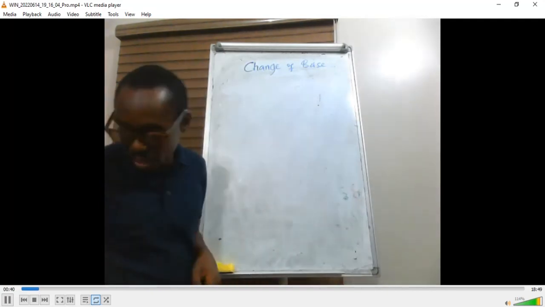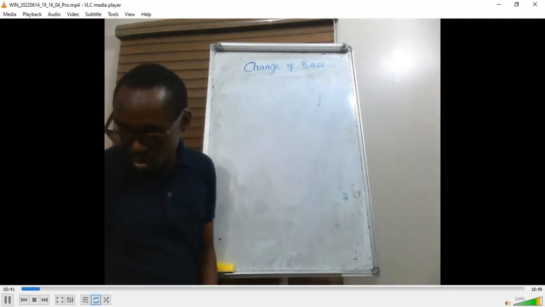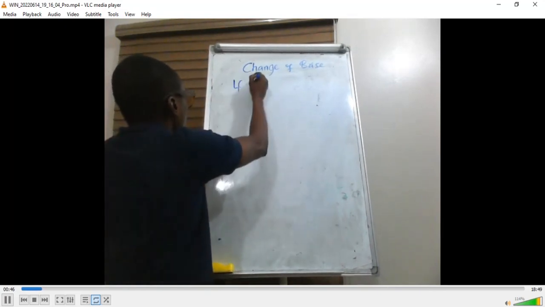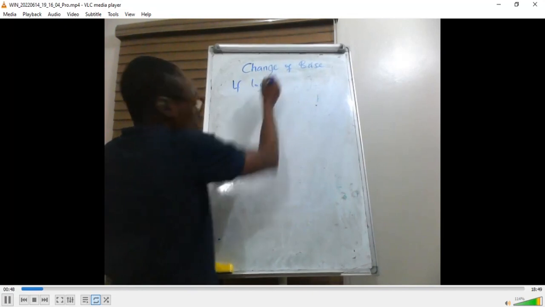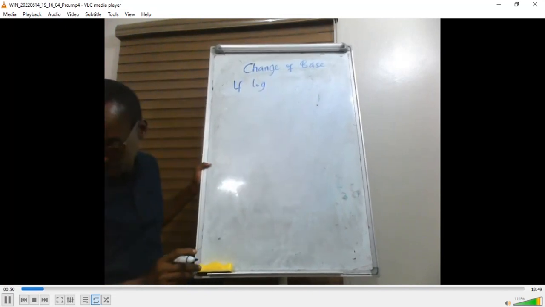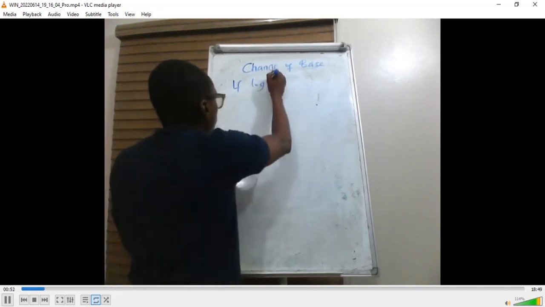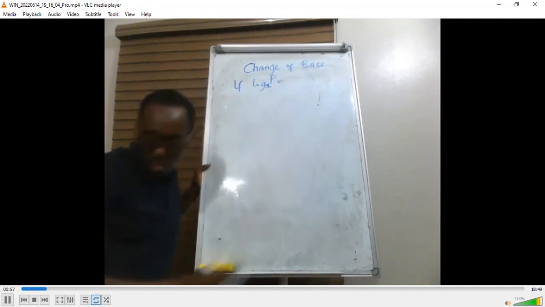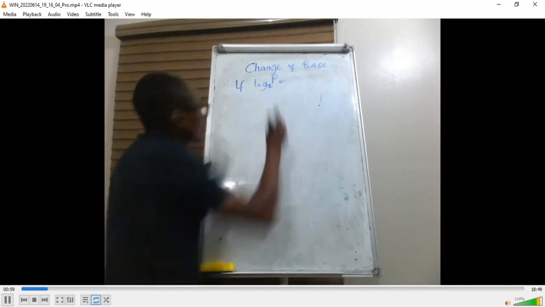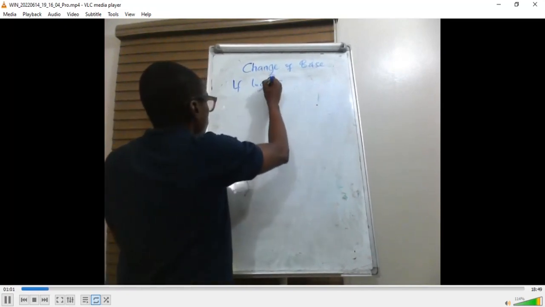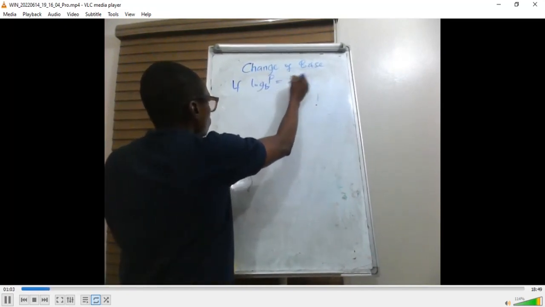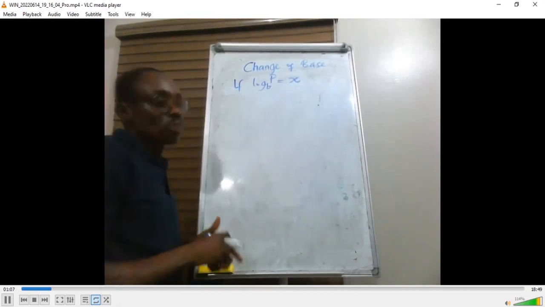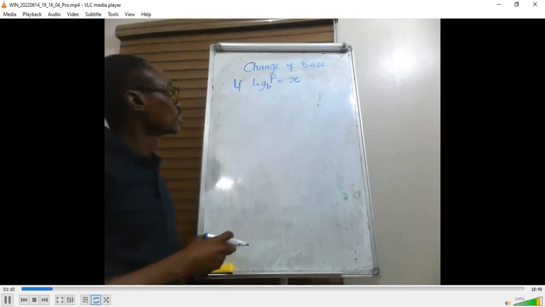So let's assume that you have log p to base b is equals to x, and we need to simplify this.